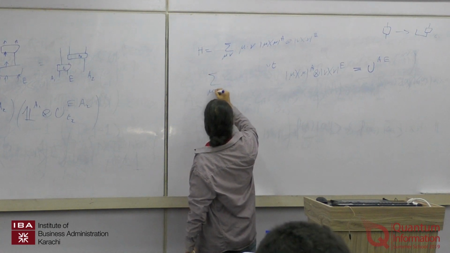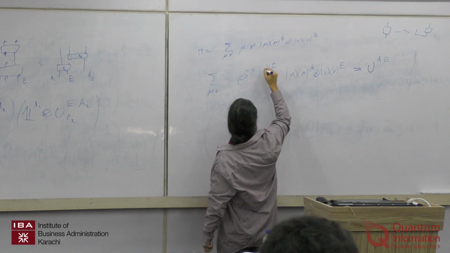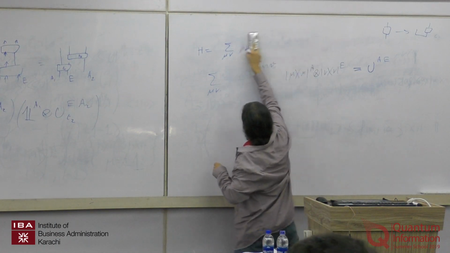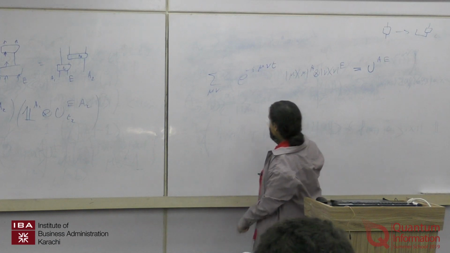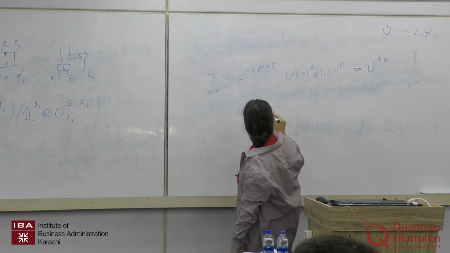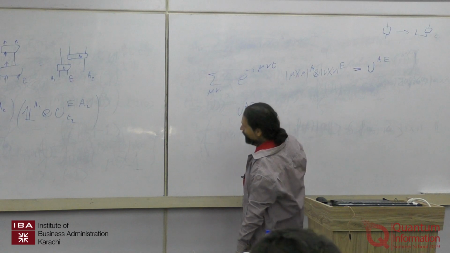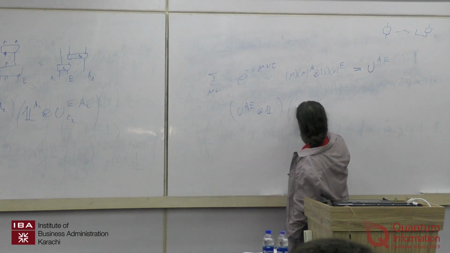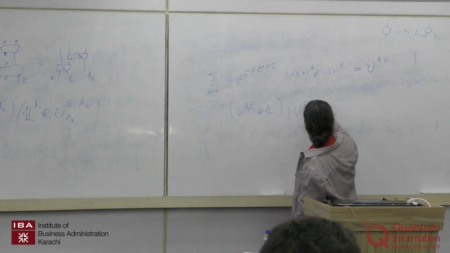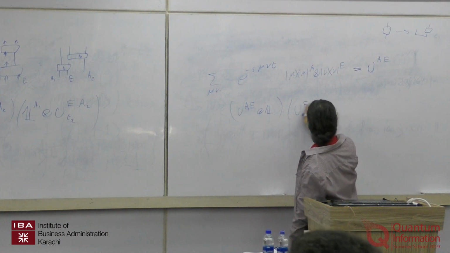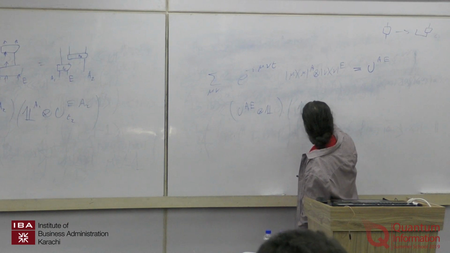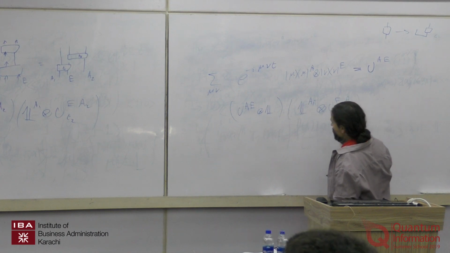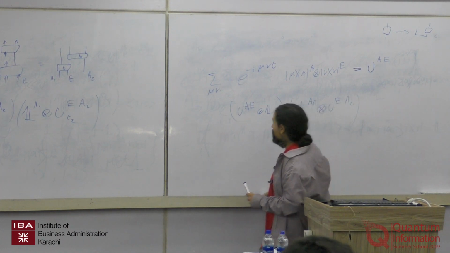So what was it? Sum over mu and nu, e to the minus i nu t, and we want to do U A1 E identity, times U E A2, identity on A1, times U E A2, and let's do it here in the middle.